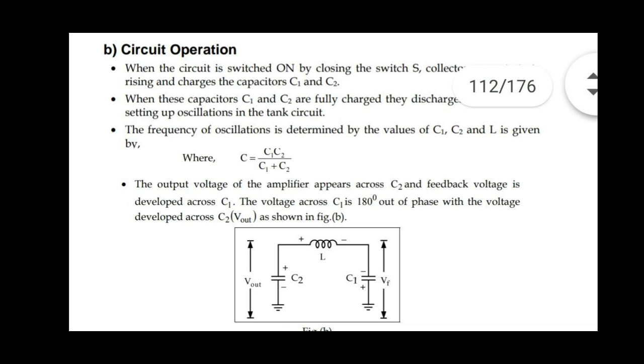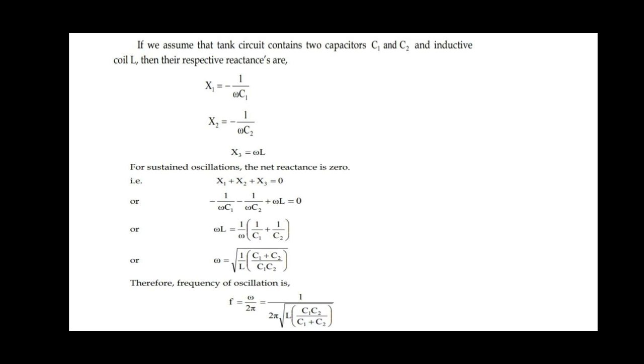So we have to calculate the frequency f. If your tank circuit contains two capacitors and an inductor L, X1 equal to minus 1 by omega C1, X2 equal to minus 1 by omega C2, X3 equal to omega L. For sustained oscillation, the net reactance is 0: X1 plus X2 plus X3 equal to 0.